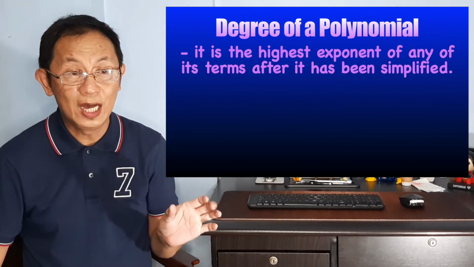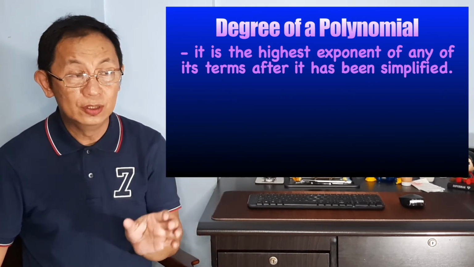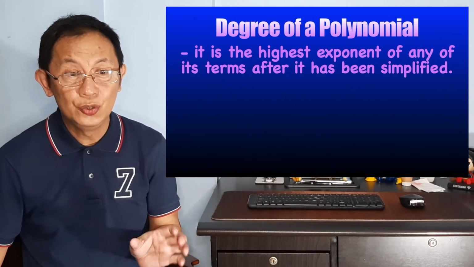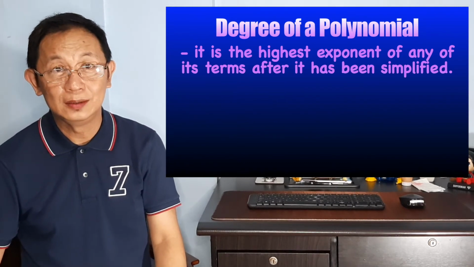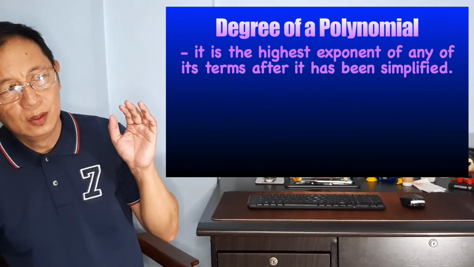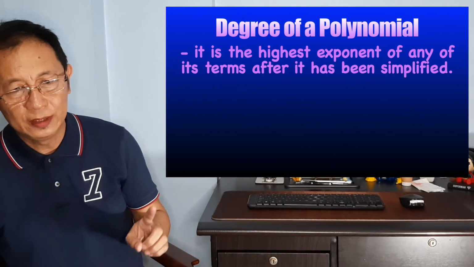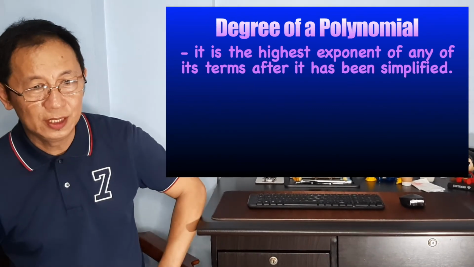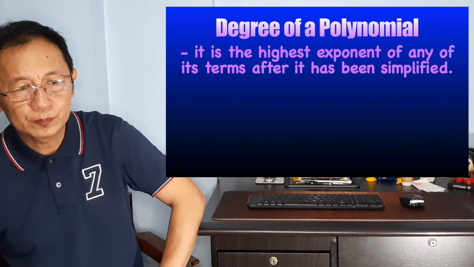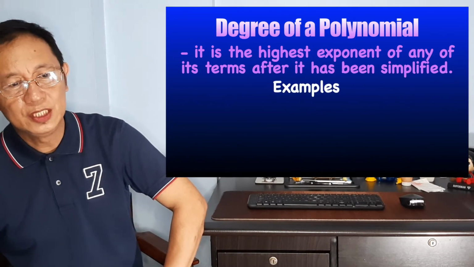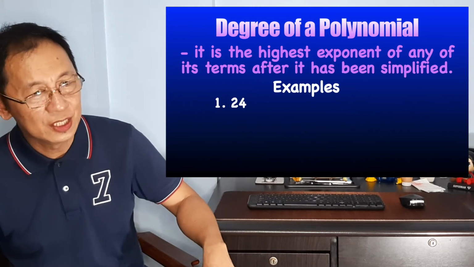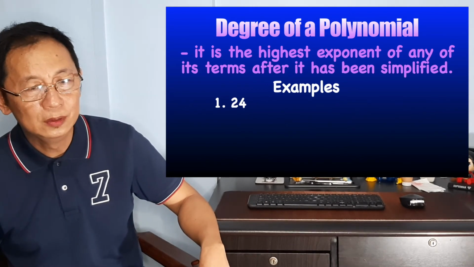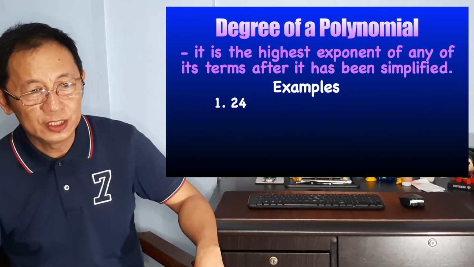Ngayon, kung ano yung highest degree doon among the monomials, yun yung magiging degree ng polynomial. Kapag more than one variable, add the exponents. So these are the examples. 24. Since 24 is a monomial, no, one term lang siya, and wala siyang variable, so 0 degree siya.